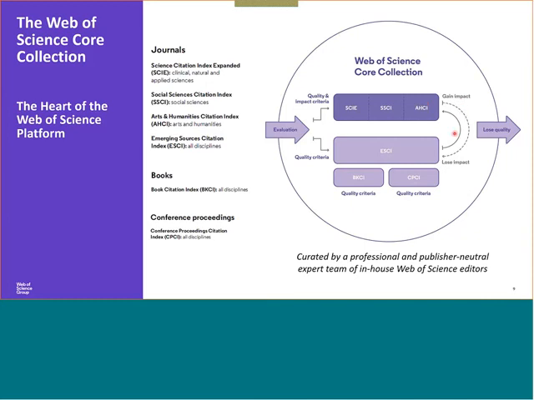So when you ask me what's the difference between ESCI and the indexes at the top, I will always give you an analogy like the Olympic Games. The Olympic Games is something that happens every 4 years, and who can participate? Only good, quality athletes that qualify. So the ESCI journals are like your qualifying athletes in the sports.